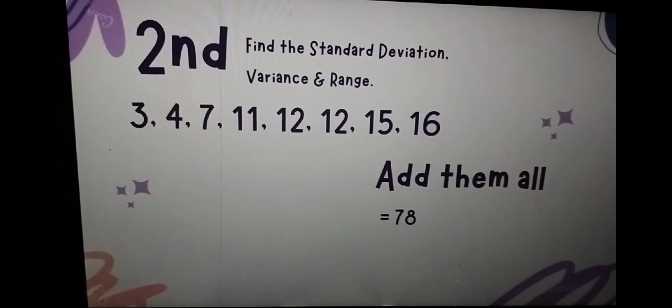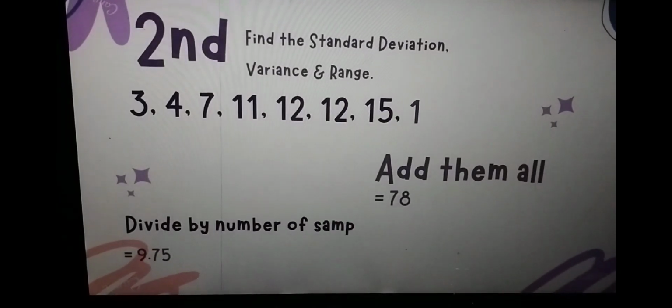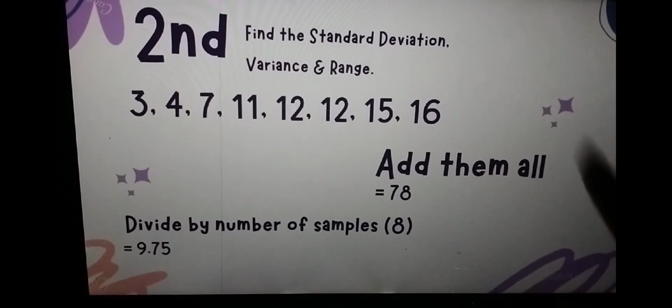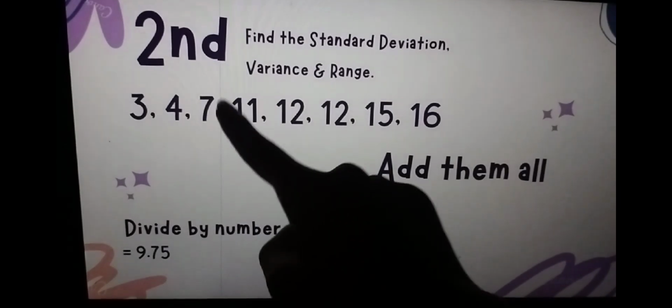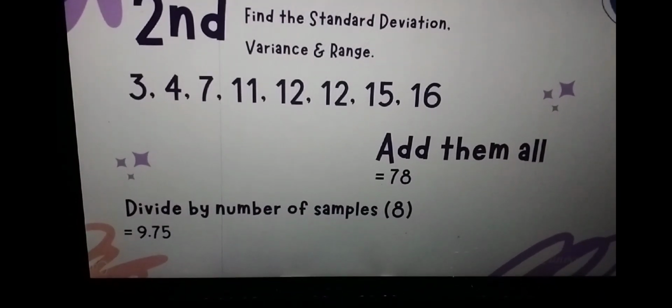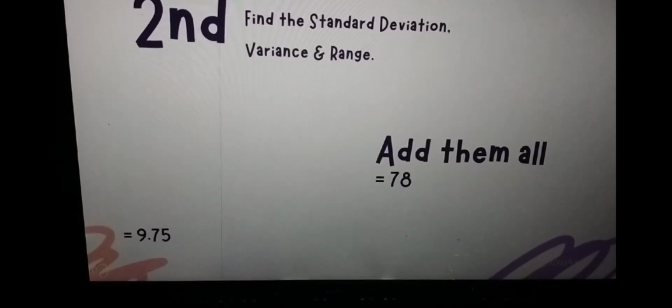The first thing to do is add all of them, and the answer will be 78. Next, we divide by the number of samples. We divide 78 by 8, because as you can see, there are 8 numbers. The answer is 9.75.